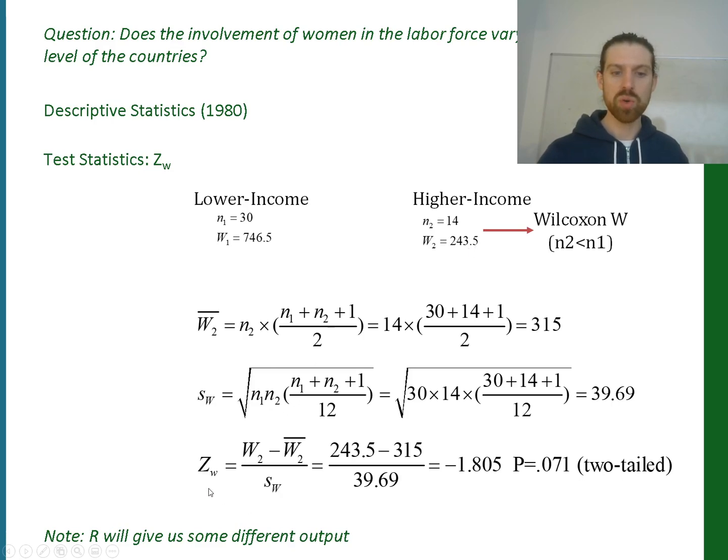So what we're going to do is get this ZW value down here using that very simple equation. To get the W2 value, which is 243.5, that's simple, we can just input that straight into our equation. But we need to get this W bar for the second sample, which means we need to run through this particular equation.